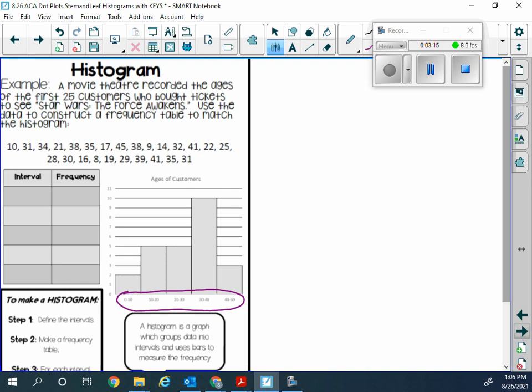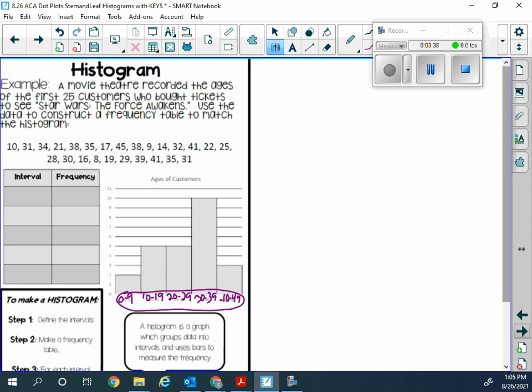Okay, you can see they range from 0 to 9, 10 to 19, your numbers are correct, 20 to 29, 30 to 39, and 40 to 49. Okay? We can tell how many people from 0 to 9 bought those tickets.